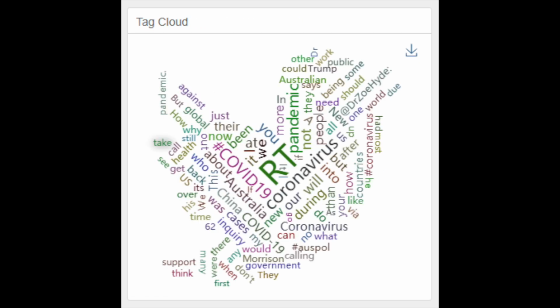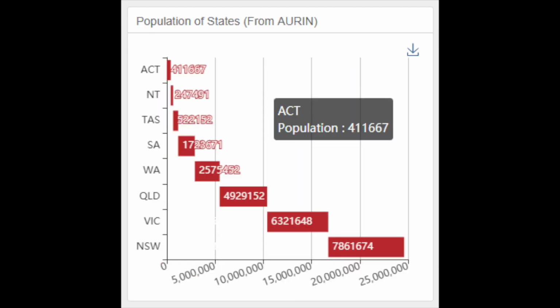The fourth chart is a word cloud generated from the content of tweets. This format is useful for quickly perceiving the most prominent terms and determining their relative prominence. The bigger the word is, the higher frequency it has in the content of tweets. The data for the fifth chart is from AURIN.